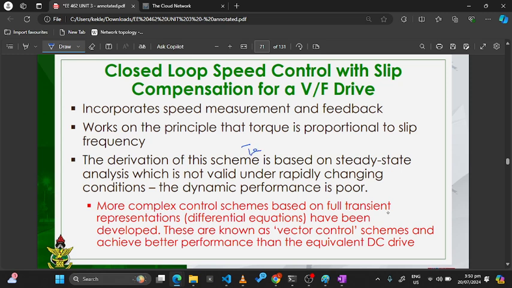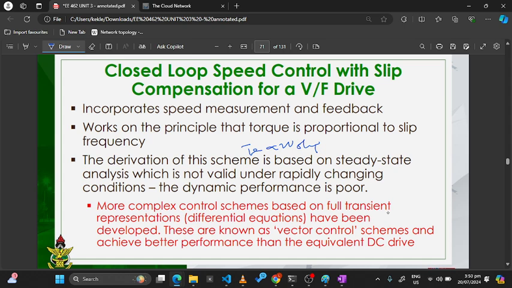That's Te is proportional to omega slip. The derivation of this scheme is based on steady state analysis, which is not valid under rapidly changing conditions.